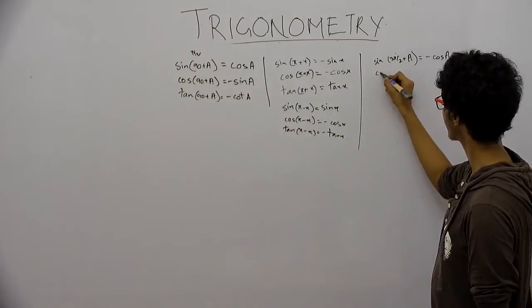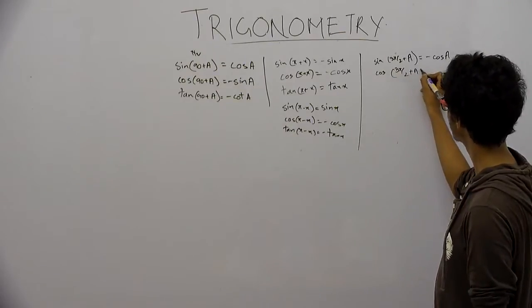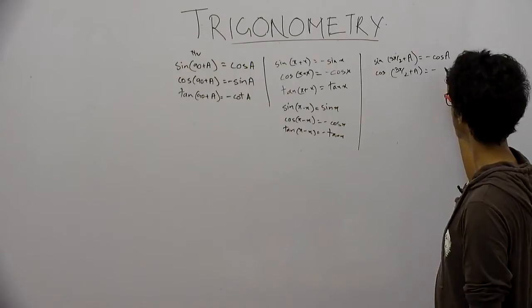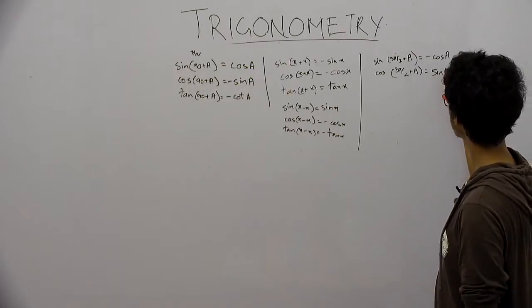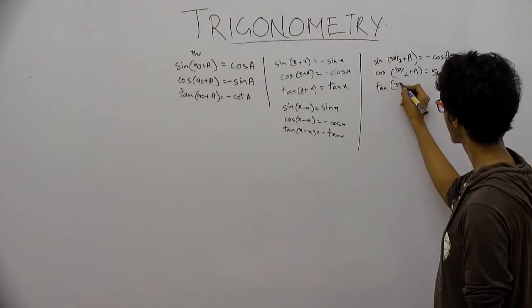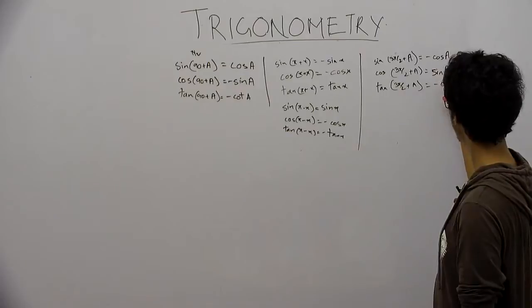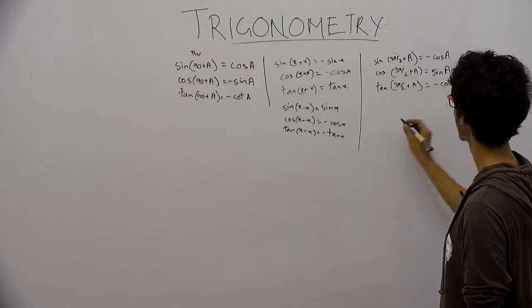Continuing like this, cos 3 pi by 2 plus a: it is the fourth quadrant, cos is positive, it gives us sine a. Tan 3 pi by 2 plus a gives us minus cot a.